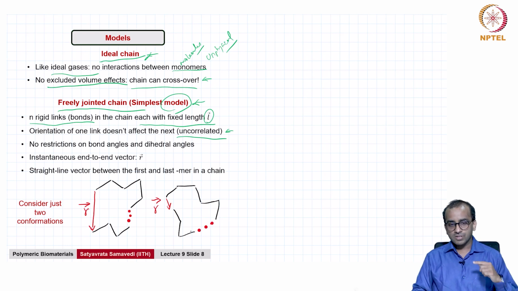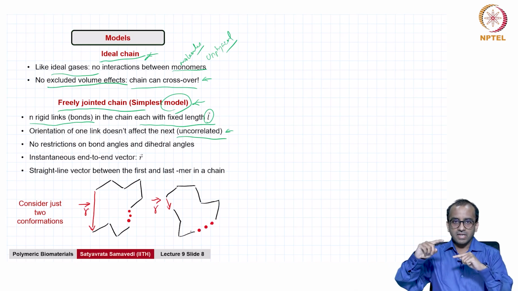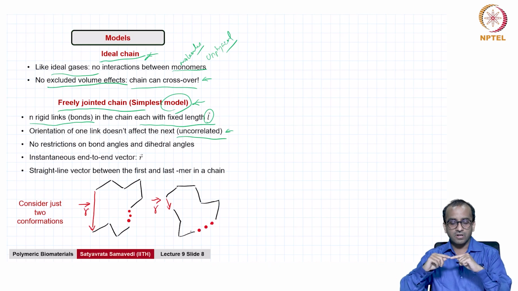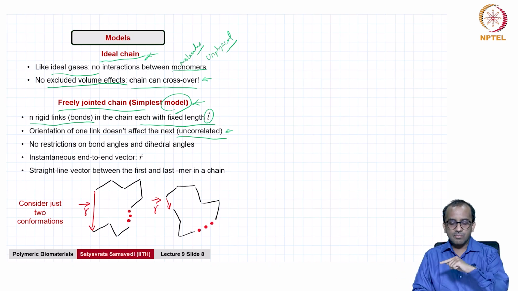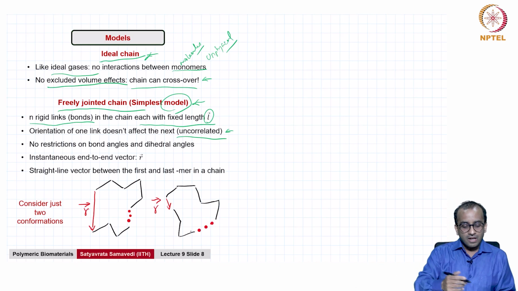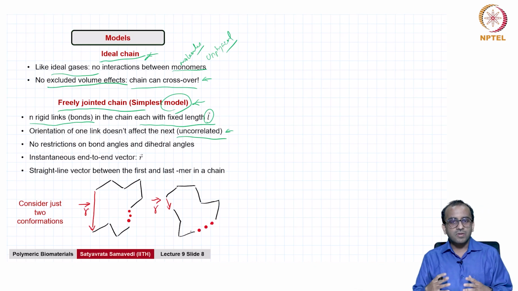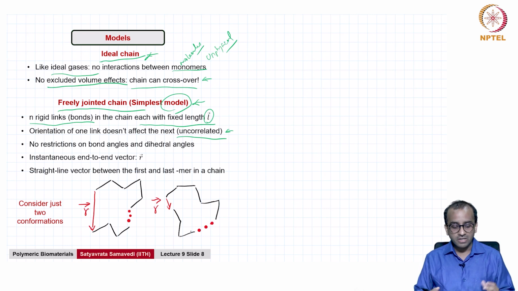What that means is, the first link that goes and the next link that comes need not have any connection at all, in the sense the direction in which the first link points and the direction in which the second link points may have no correlation. Does that really happen in a polymer? No, but this is the assumption of the ideal chain or the freely jointed chain model.